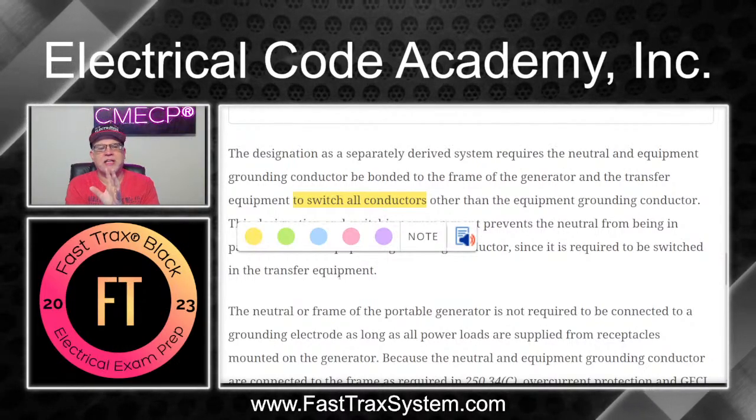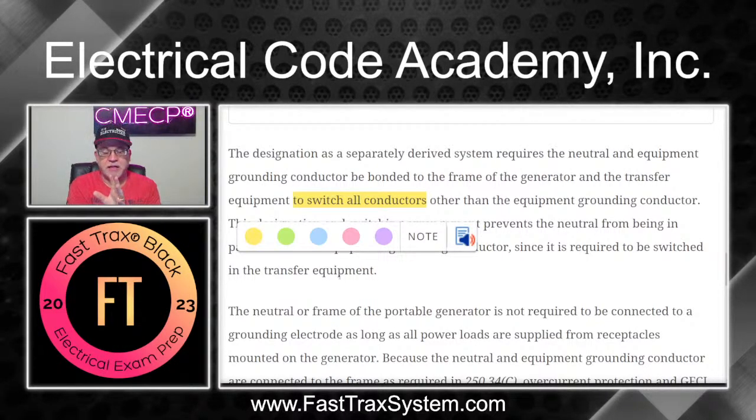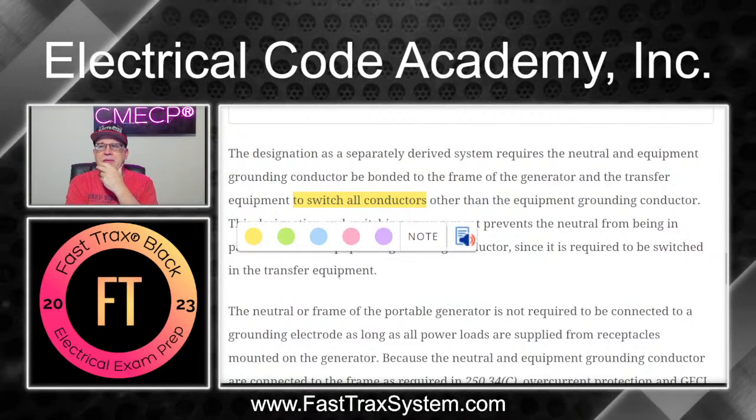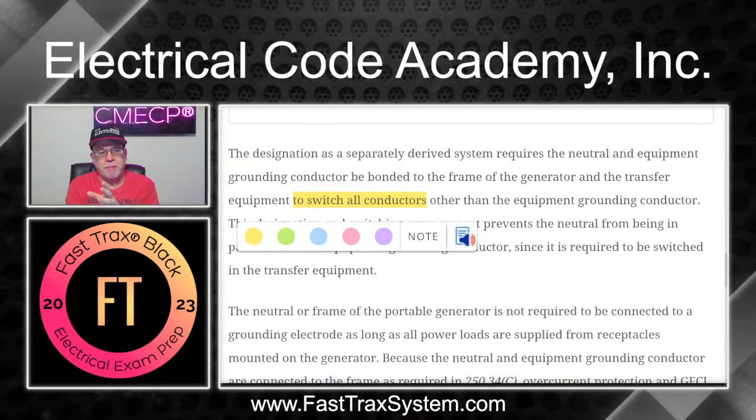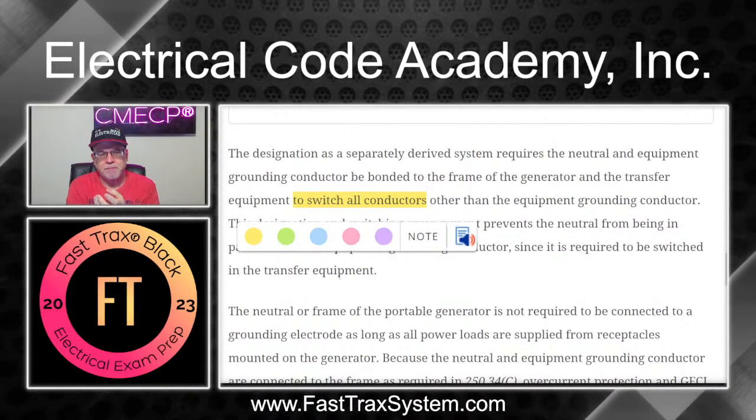you have to look at the transfer equipment because it could come with that system bonding jumper already installed. It could come with that, but yet the transfer equipment is not switching the neutral.